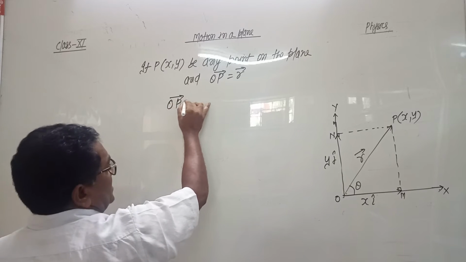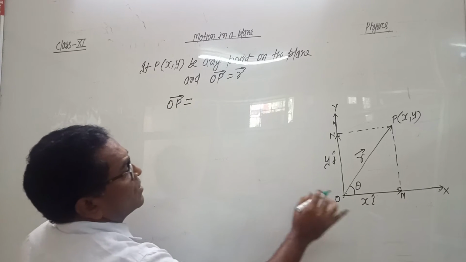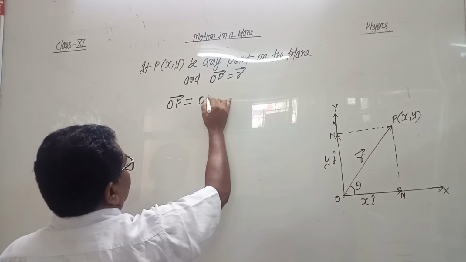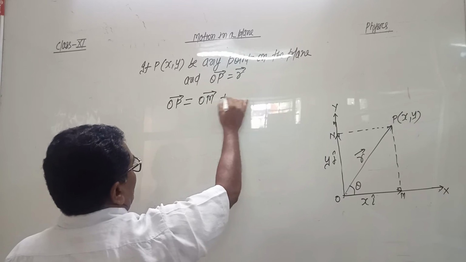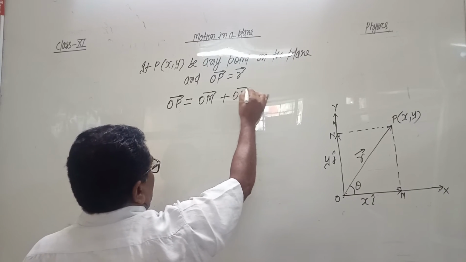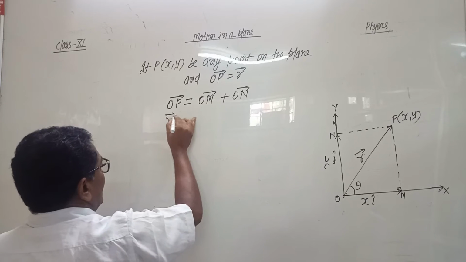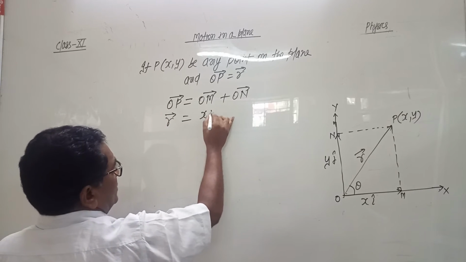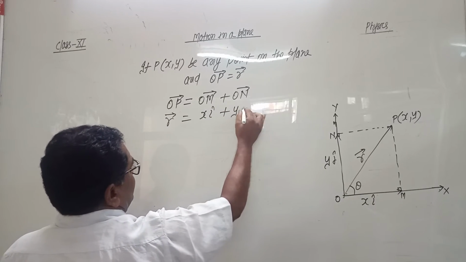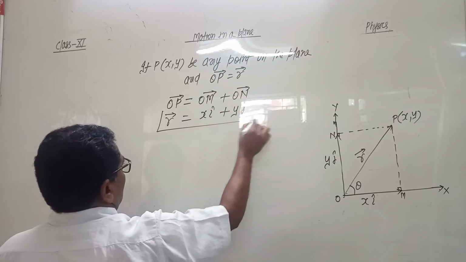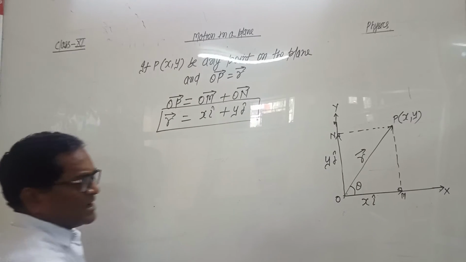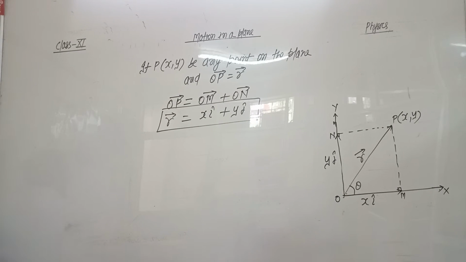Now OP is written as OM plus ON from the parallelogram law of vector addition, and vector R equals x i cap plus y j cap. So this is the position vector in terms of x and y.